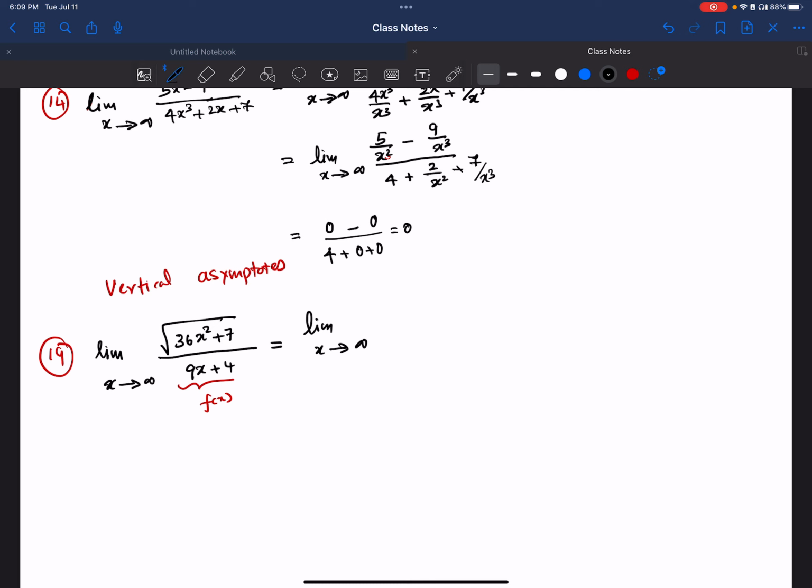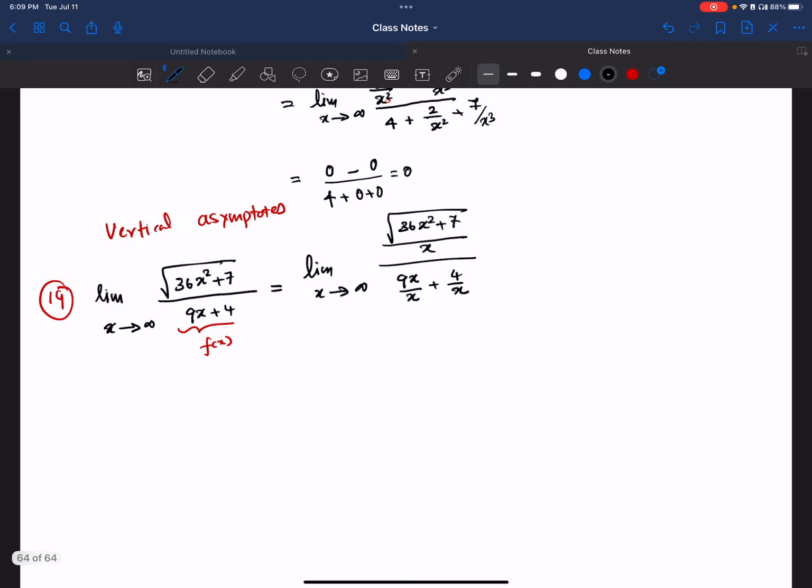So we divide by x. The numerator is the square root of 36x squared plus 7, divided by x, and the denominator is 9 divided by x times x plus 4 divided by x.